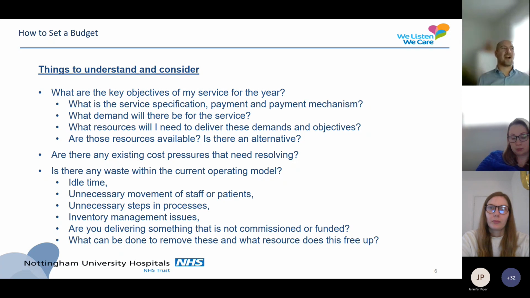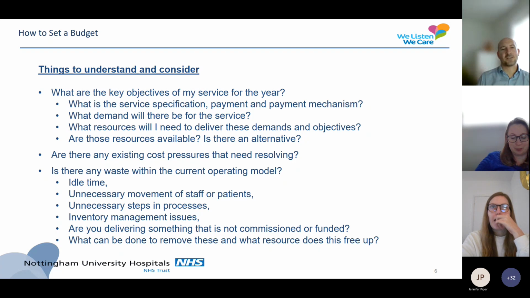Next, understanding what cost pressures you've got. So I said earlier, if you've got specific pressures for known price increases, they need to be factored in. So it will be different everywhere, but at Nottingham University Hospitals, we go through an exercise within finance that reviews all of the cost pressures in year through what we call budget corrections, as opposed to planning and investments, to say, well, have we got unavoidable cost pressures that have arisen through items or issues that are out of our control?